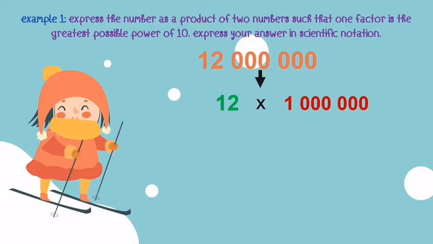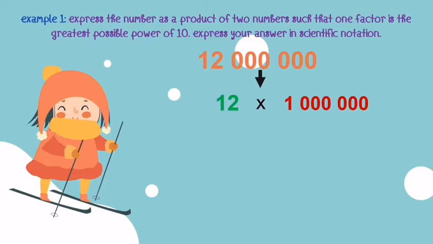Now, what do we do next? Take note, 12 is our coefficient. Remember a rule with coefficient? It must always be a number from 1 to 10. Is 12 from 1 to 10? No. How do we deal with this? Well, we'll have to turn our whole number 12 into a decimal number. But how? Listen, 1 is our tens and 2 is our ones.